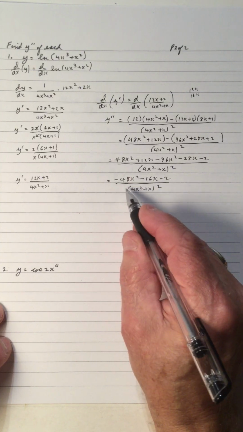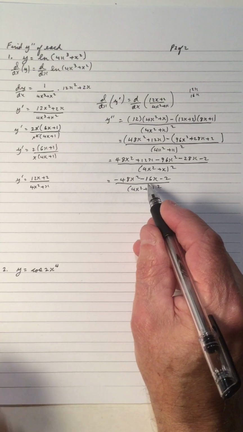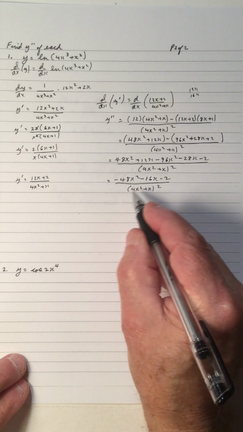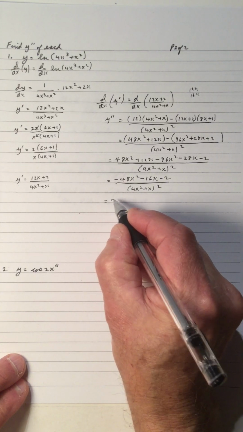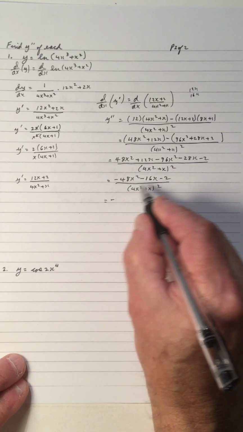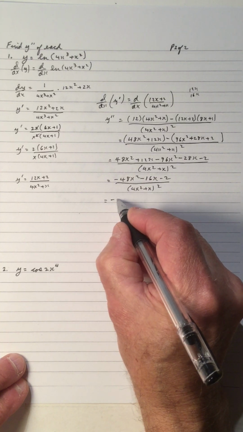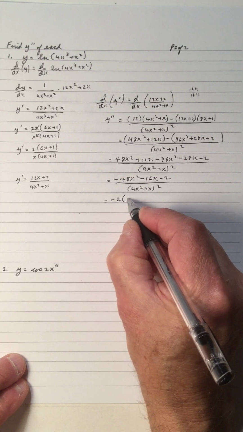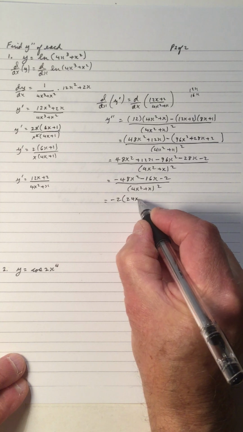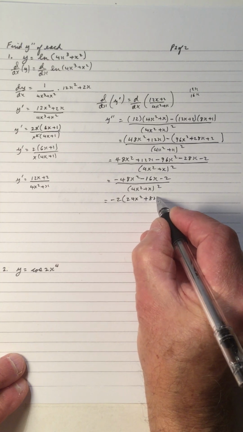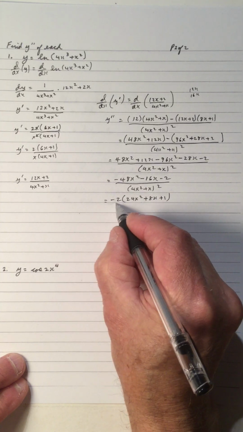I could simplify this a little tiny bit further. Not simplify, write it different. Probably I'll do it for you. I could take the 2 out. I don't have to, but I could take the negative 2 out and make it 24x squared plus 8x plus 1.